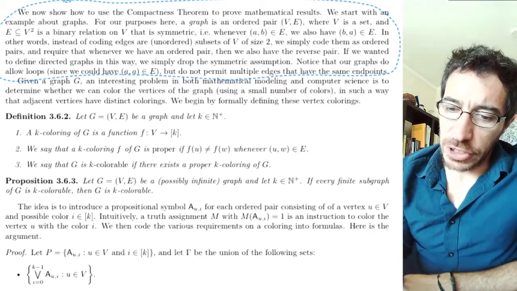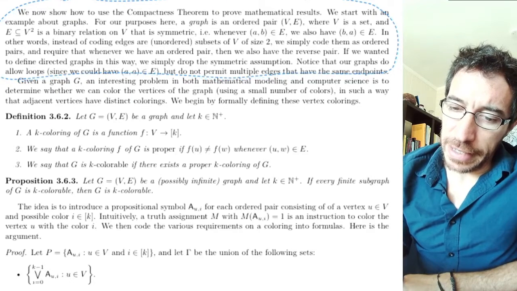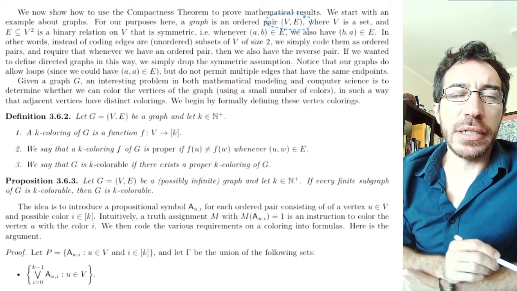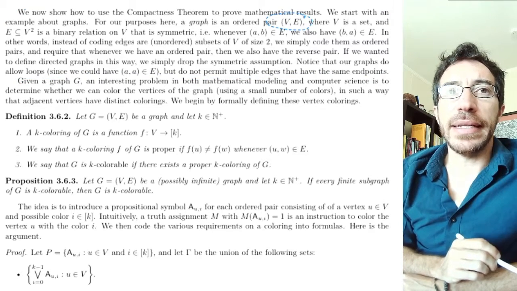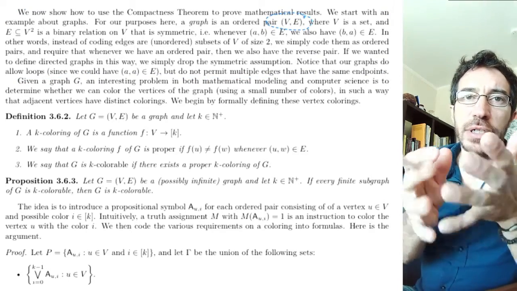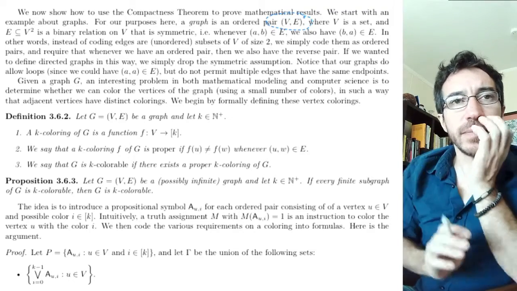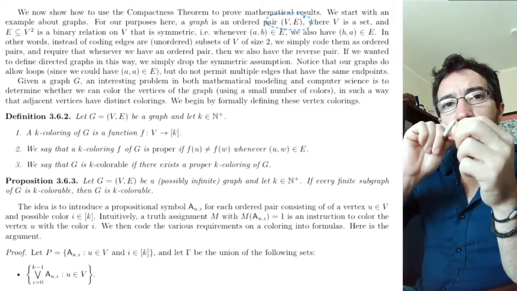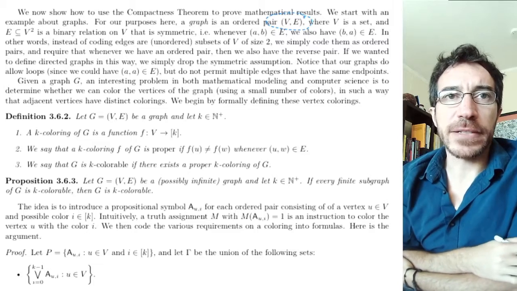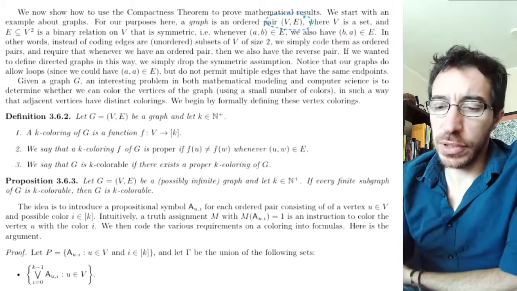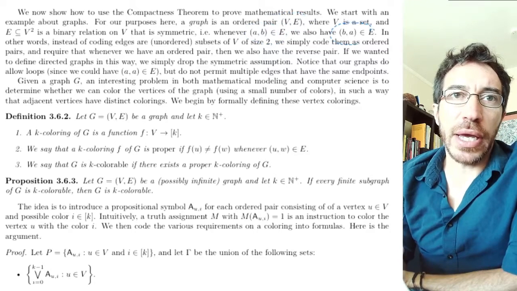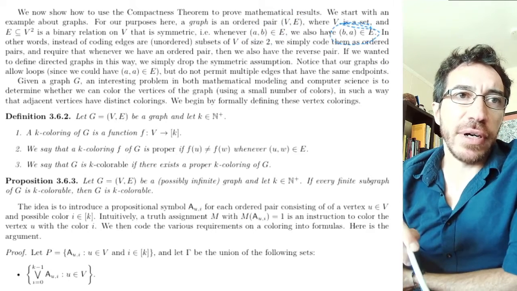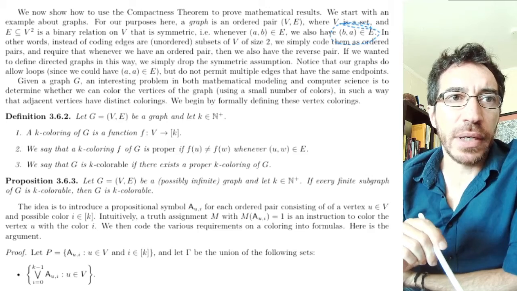So a graph essentially contains a set of vertices V and a set of edges E. And the vertices are the points in your universe, and the edges are connecting these points. That's what the graph is. And you assume that if A is connected to B, then B is connected to A. That's one of the only properties.